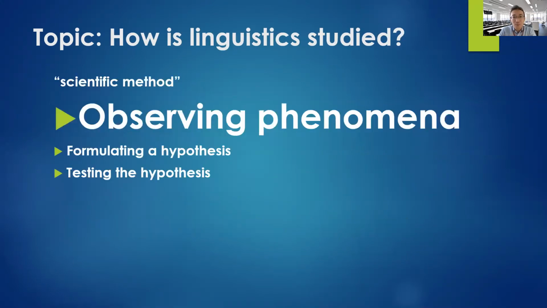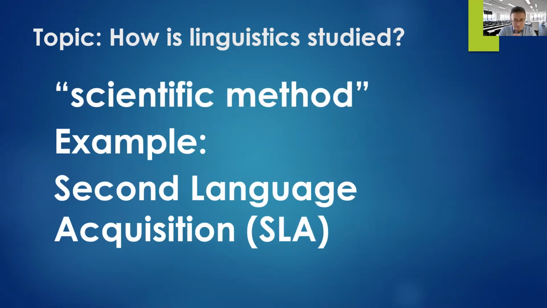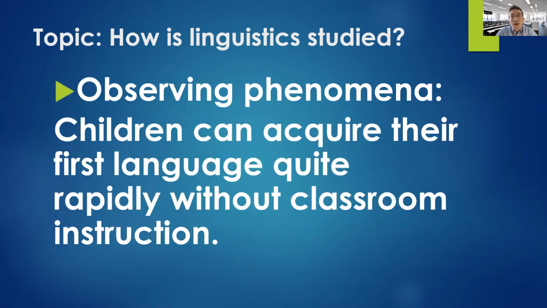First, observing phenomena. So I like to concentrate on one example when I'm going to explain what scientific method in linguistics is. And the example is second language acquisition, or SLA. So the phenomenon is this.